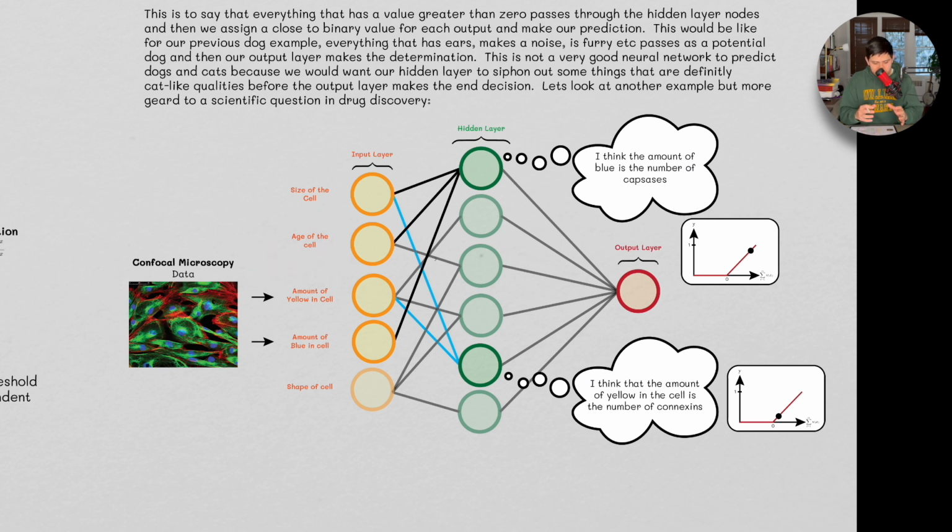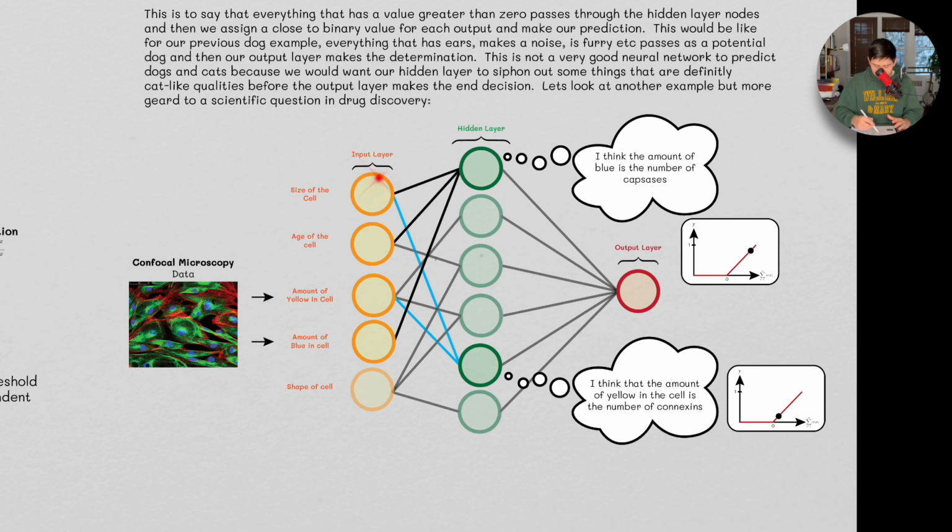As the cell ages, more caspases get expressed, and if there's a lot of blue in here, perhaps that's a signifier of the number of caspase proteins that are expressed in the cell. And so we say, well, okay, we'll take these 3, we'll send them to a node, and that node is going to say, whatever input values I get from these 3 nodes, I'm going to assign that to the amount of caspase molecules that I think are in this data.